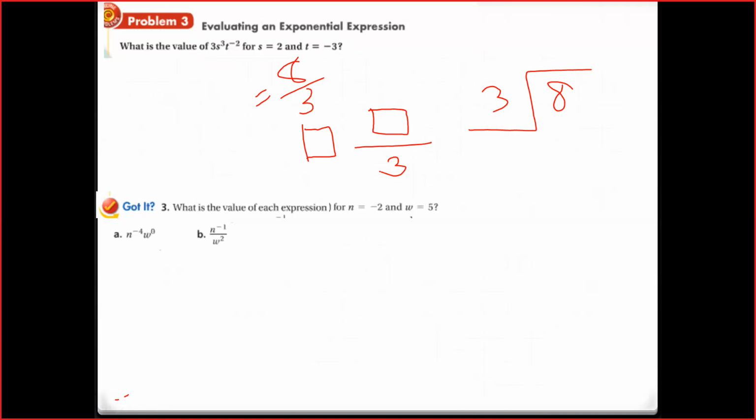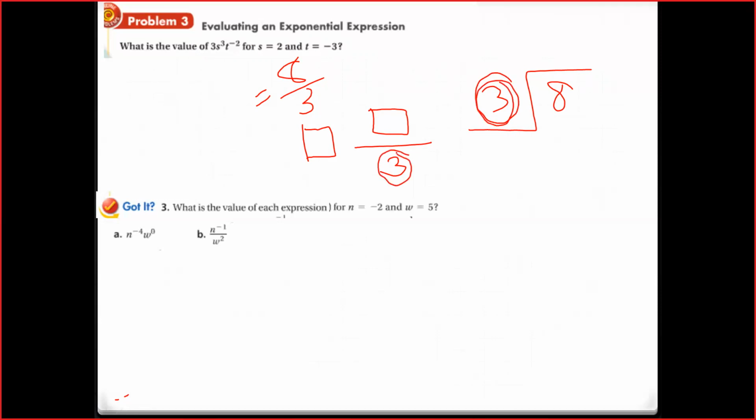Now I want to write it as a mixed number. What do we call it mixed? Because it's a mix between a constant number and a fraction. So a number and something over 3. Why over 3? Because here I divided by 3. So the number down must be 3.